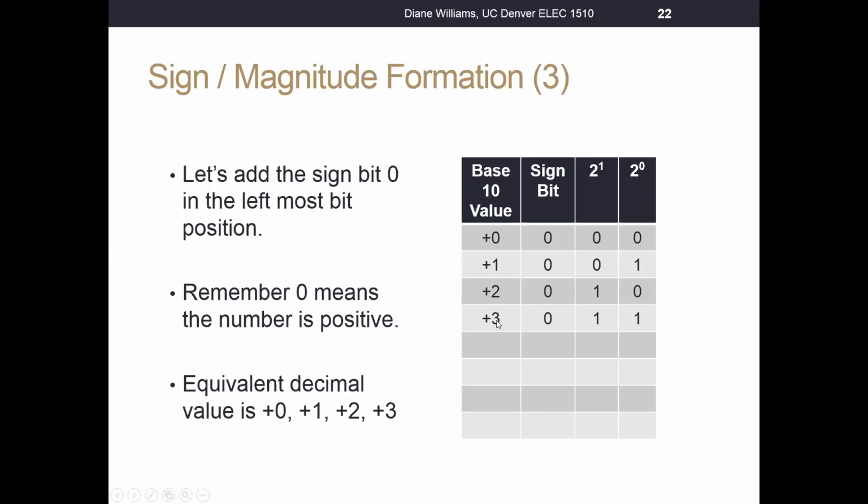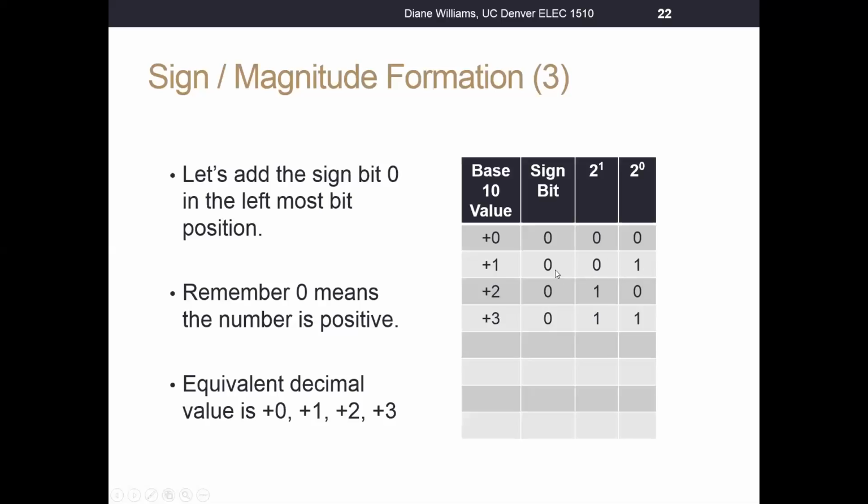Because with sign magnitude, the way this works is, if we want to know what the value is, we look at the magnitude bits. The magnitude bits here represent the number 0. Then we look at the sign bit and say that's positive. So this represents, in sign magnitude form, plus 0 or positive 0. This represents plus 1 because we look at the magnitude of these 2 bits and say this is a 1.